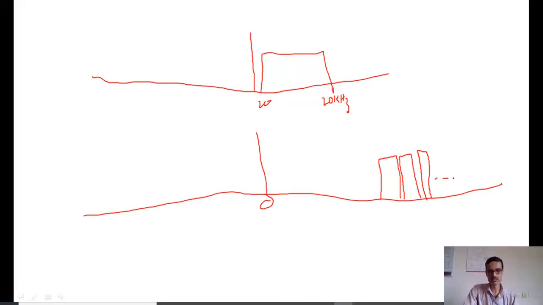Let's say the last frequency spectrum is this. Let us consider I'm using AM modulation, medium wave band, 535 kilohertz to, this is the last range, 1605 kilohertz.